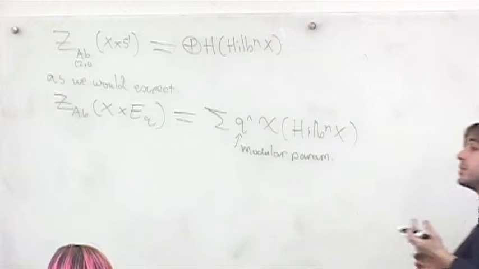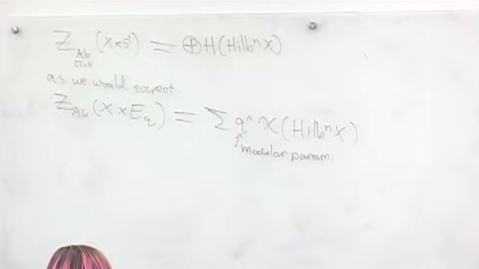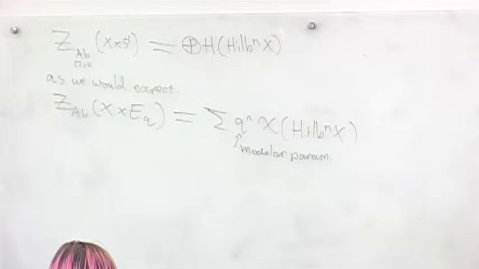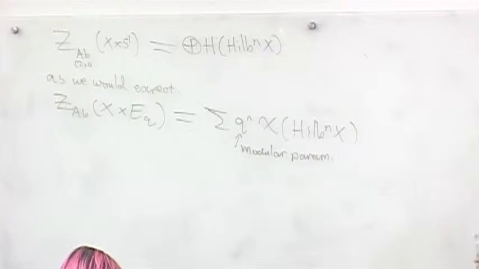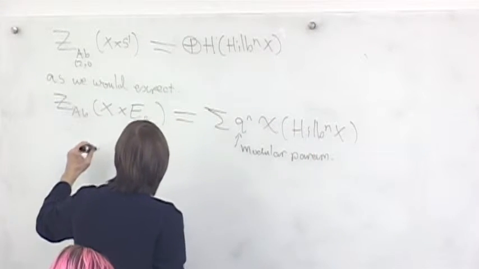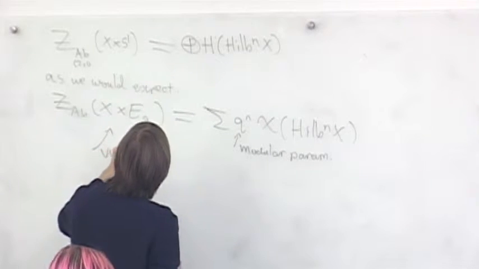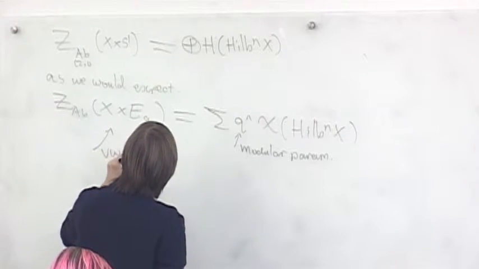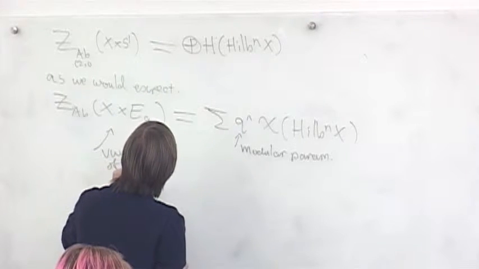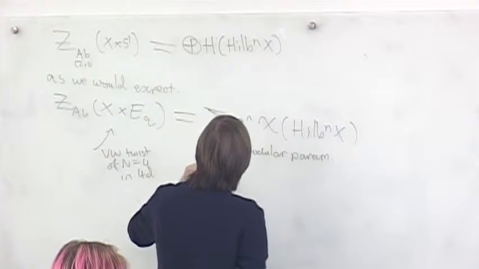And again, this is a key feature of the (2,0) theory. When we reduce it on an elliptic curve, the modular parameter of the elliptic curve is related to the instanton number. And this is supposed to be the Vafa-Witten twist of N=4 in 4D. So this is, again, kind of as we expect.